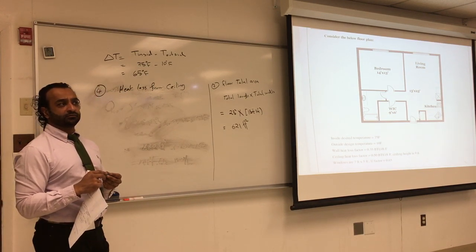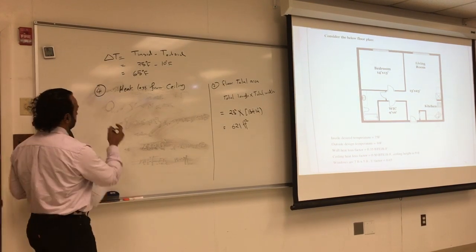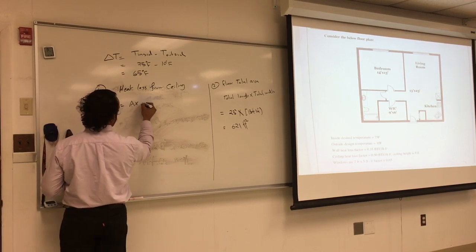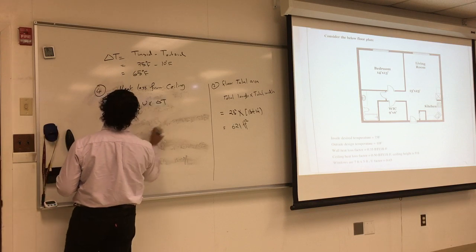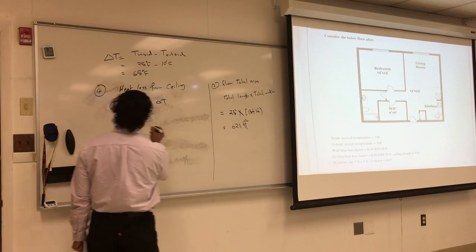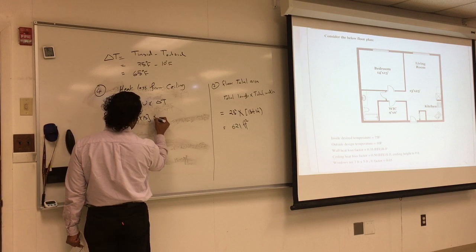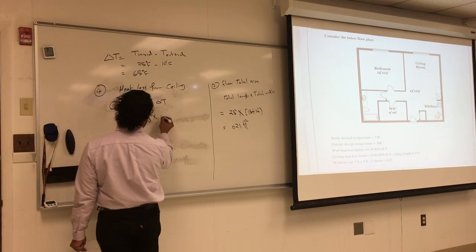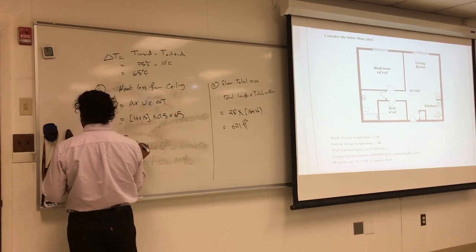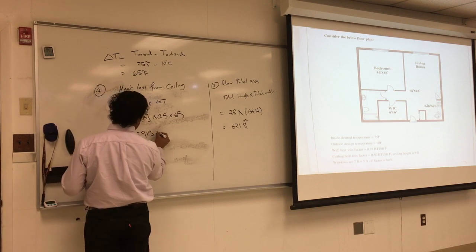It is transmission, because there are no windows in the ceiling. So it's going to be Q equals area times U times delta T. What is the area of the ceiling? 50 times 14 times, what is the U factor? 0.5. What do I get? 5915.